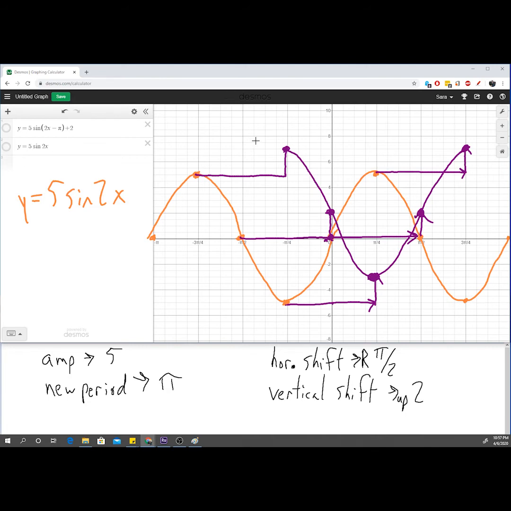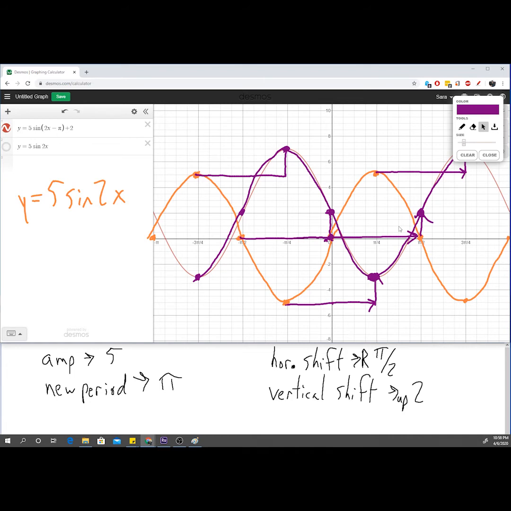Now, this right here has taken into account all our amplitude changes, our vertical shifts, our horizontal shifts, everything we can throw at it. So if I turn this one on, voila, that red function right there, you can see it goes right through where I labeled.